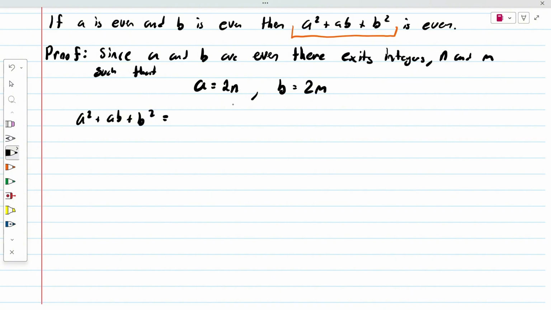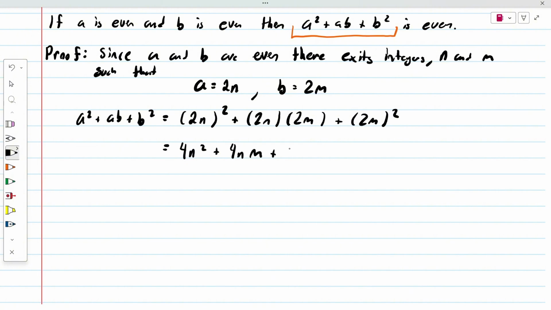So since we know we can express these as 2 times the integers, we can actually just plug that in to our expression. So we have (2n) squared plus (2n)(2m) plus (2m) squared. And so now we can just multiply these out, and we get 4n squared plus 4nm plus 4m squared. And so to make this a little bit clearer, we can pull a 2 out and then write the rest of this.